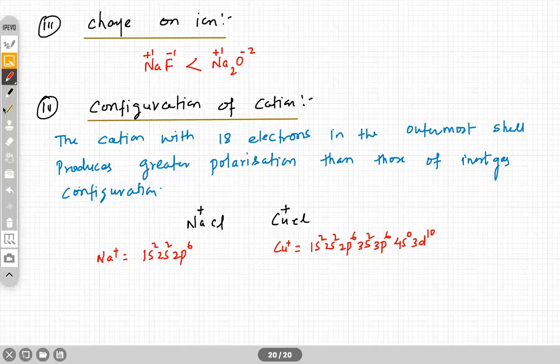So if you look at the electrons in the outermost shell, because 4s is 0, this is not at all present, right? The outermost shell is the third shell. Third shell has 18 electrons. So the cation with 18 electrons, obviously because we have weak screening effect with d shell, right? So cations with 18 electrons in the outermost shell produce greater polarization. So this one produces more polarization than this, and hence the order of polarization and the covalent bond character is this.